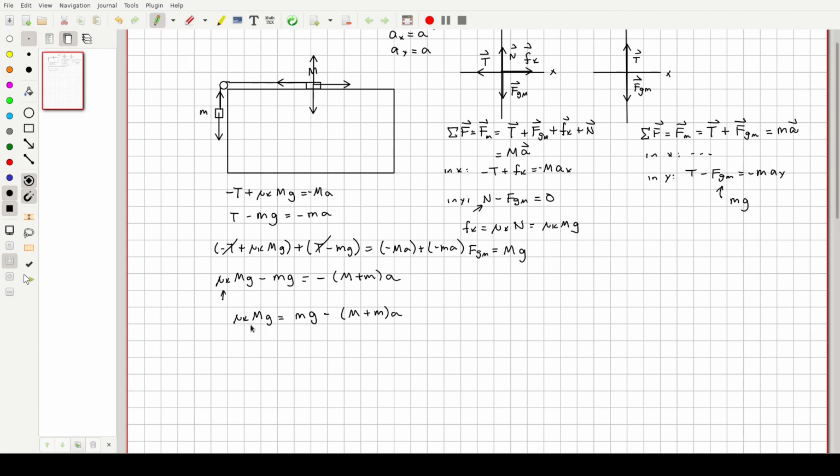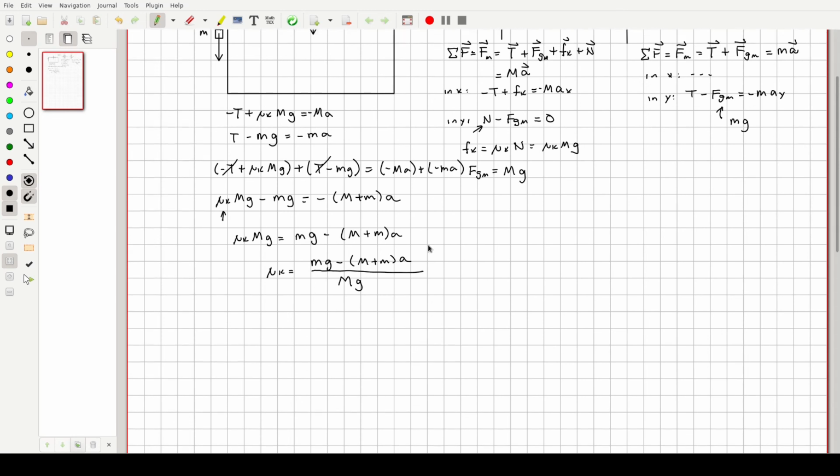Now I'm going to divide both sides by big M times g. So mu sub k is equal to little m g minus big M plus little m times a, divided by big M times g. So this is the equation that's in the lab.